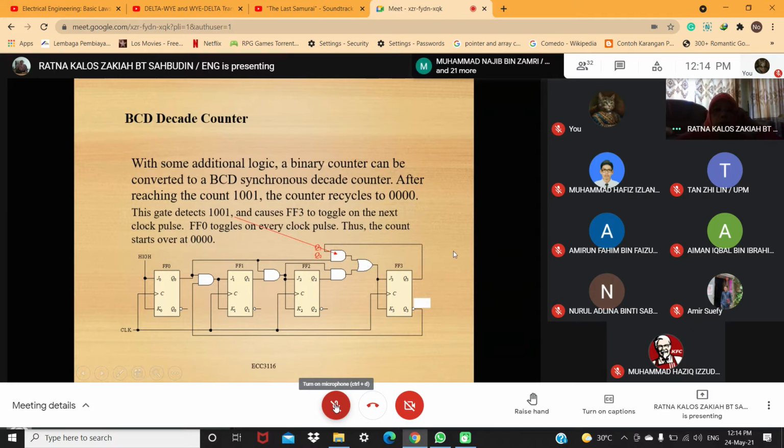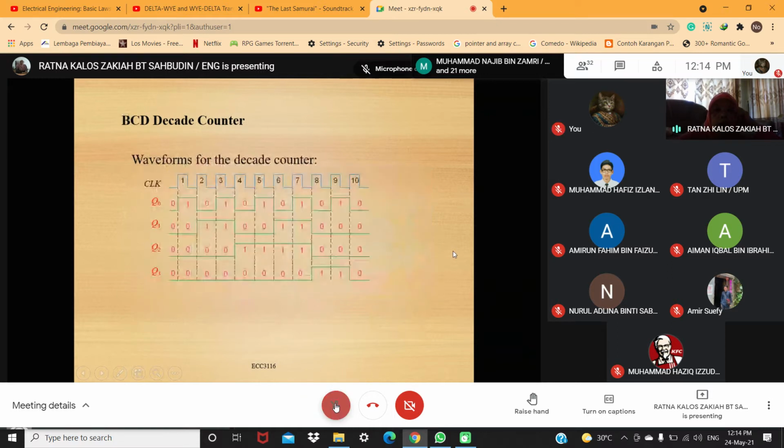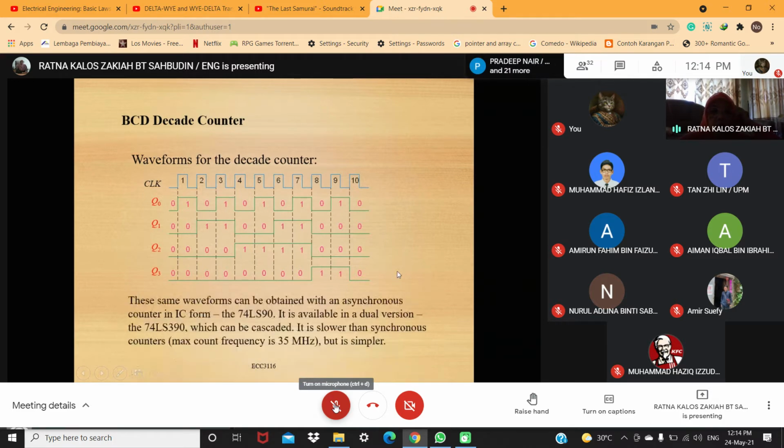Okay, so this is the BCD decade counter. If you look at here, this is the timing diagram. So you have 0, 1, 2, 3, 4, 5, 6, 7, 8, 9, and then it goes back to 0. This same waveform can be obtained with an asynchronous counter in IC form, using the 74LS90.